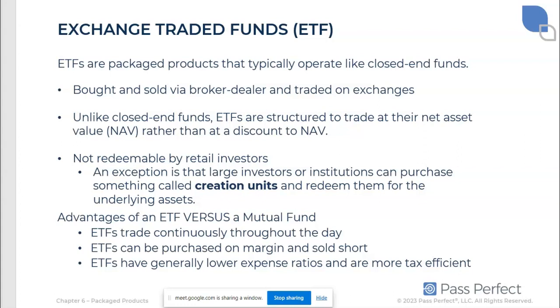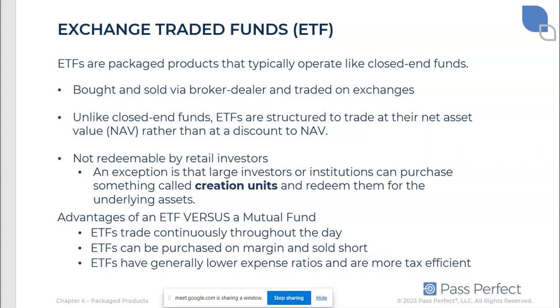And if the demand is very low, the price could drop below its net asset value. Exchange traded funds, however, have mechanisms in place to keep the actual market value as close as possible to its actual net asset value. So it becomes a much truer representation of the package of investments that it follows.